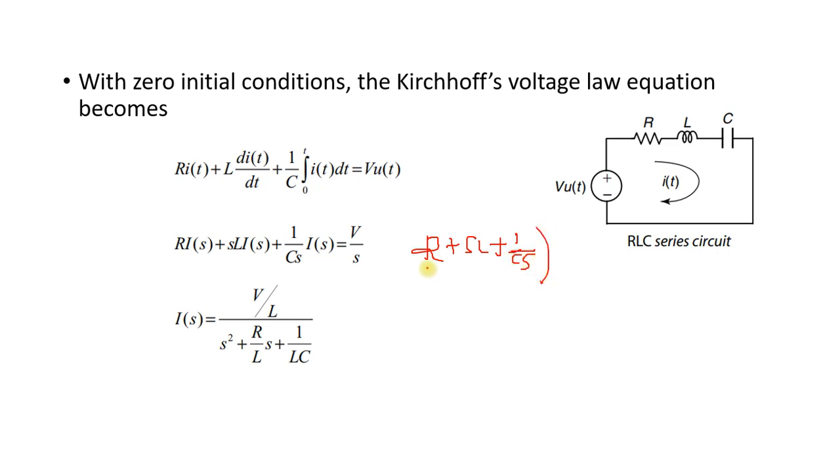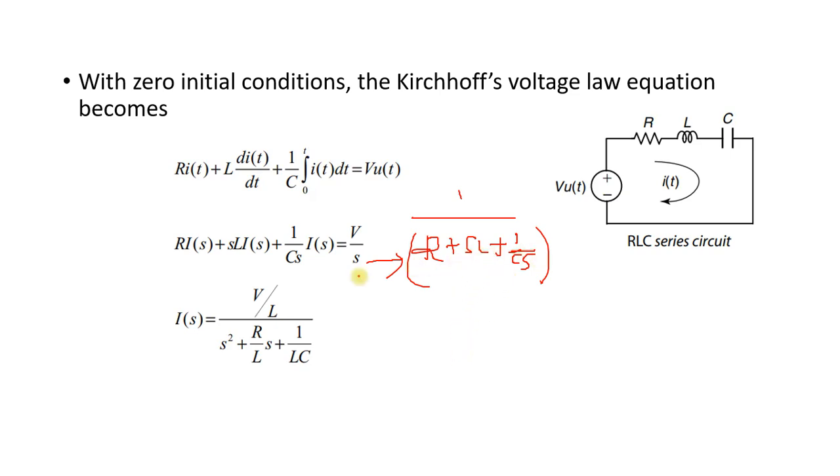This is the equation. Now from the LHS I take this term to the RHS, so it should be in the denominator. Multiplying s inside, it should be sR plus s square L plus 1.